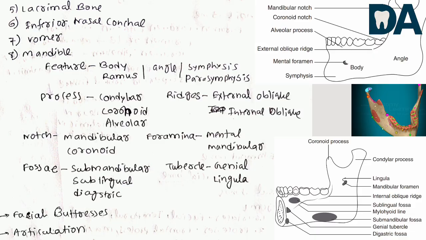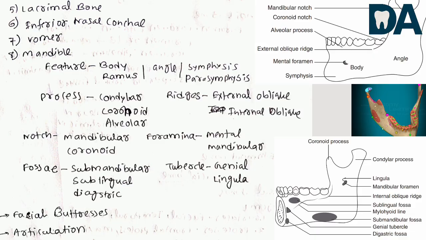Ridge. External oblique ridge and internal oblique ridge. External oblique ridge. Linear bony elevation or crest on the lateral aspect of the mandible that extends from the first molar region and continues upward as the anterior border of the ramus. Internal oblique ridge.